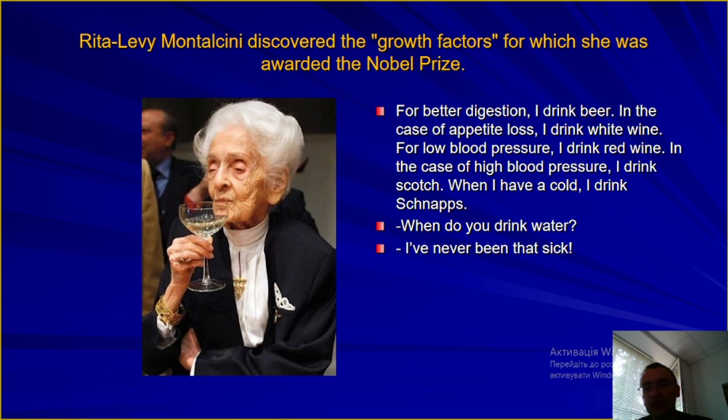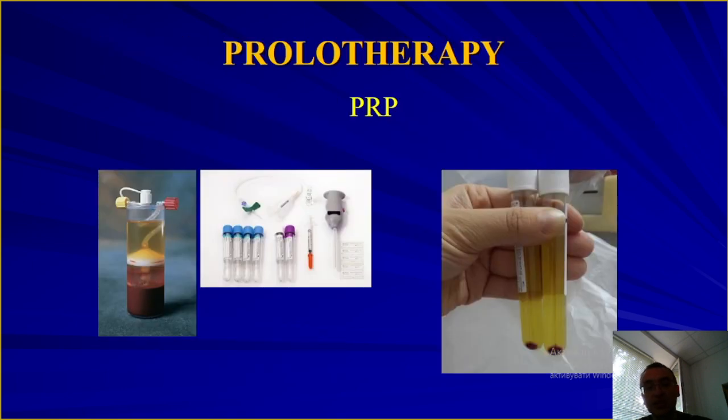They were derived, as you remember, from the thrombocytes, which have alpha granules that play a great role in the regeneration of the cartilage as well. There are several lines of such treatment. First is so-called platelet-rich plasma or prolotherapy, when we use high concentrations of platelets derived from the patient's blood, injected in the joint or around the joint.